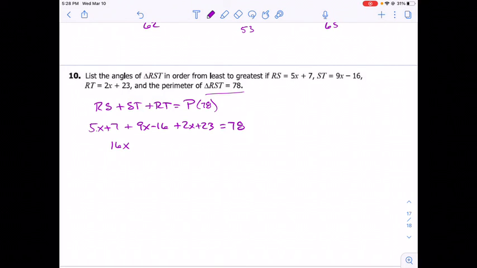Then I have 7 minus 16 plus 23. We're going to add those together, get 14. So plus 14 equals 78. Subtract 14. That gives us 64 is equal to 16x. Divide by 16. x is equal to 4.